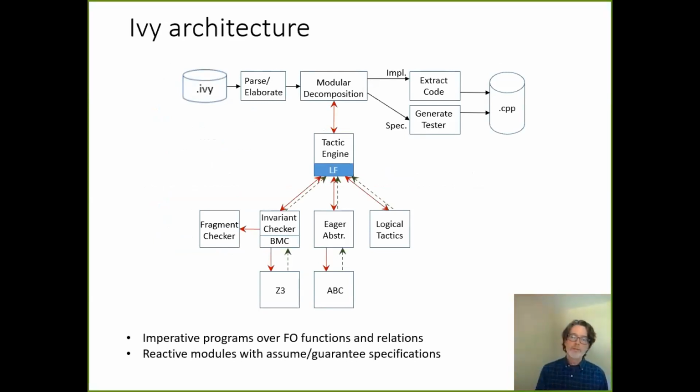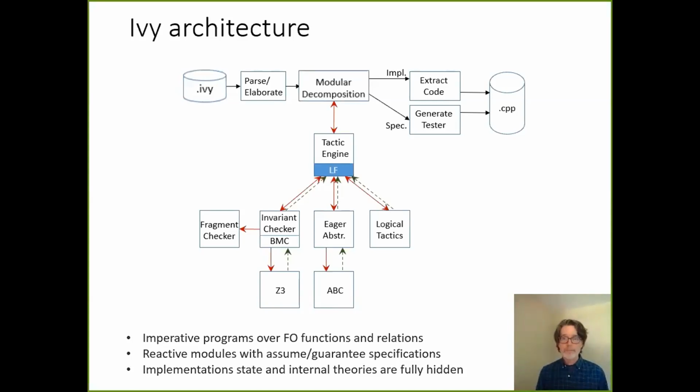Moreover, IV gives us reactive modules with assume-guarantee specifications. That allows us to hide behind an abstract interface all of the internal implementation state and also the theories of the data types that are used in the implementation. And hiding of theories is very important for allowing decidable reasoning.